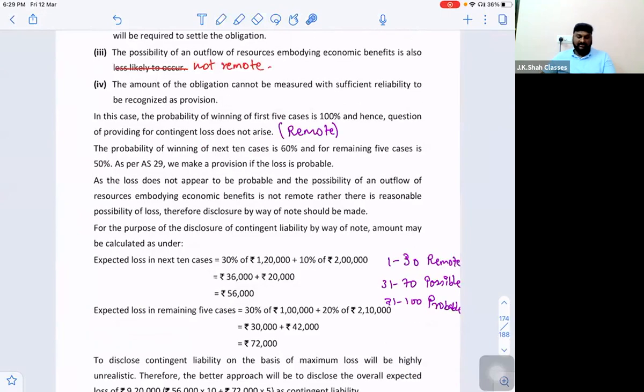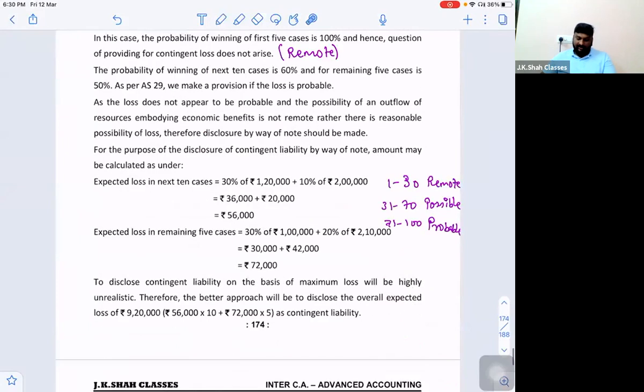And for the purpose of the disclosure of contingent liability by way of a note, the amount may be calculated as follows. And I've already shown you the calculation. For the first 10 cases, 56,000 per case should be your loss. For the balance 5 cases, 72,000 per case. So to disclose the contingent liability on the basis of maximum loss will be highly unrealistic.